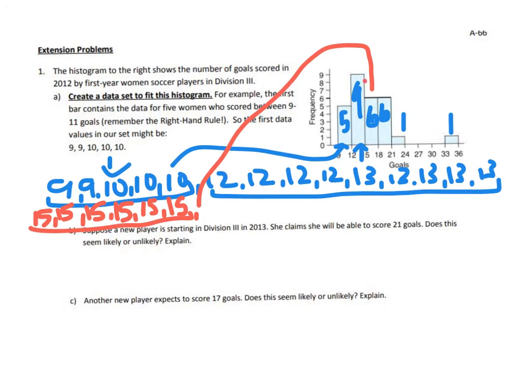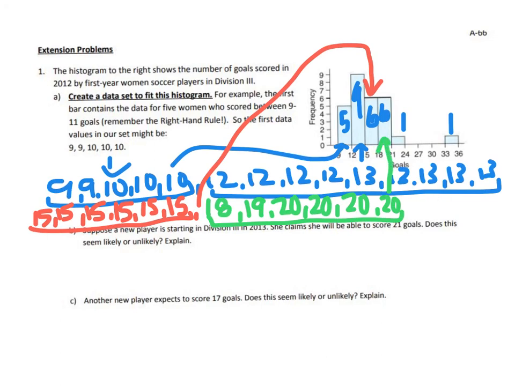That's for this bar. And then in the 18 to 20 range, I could make 1 18. Then I could have a 19. I could have a 20, a 20, a 20. 1, 2, 3, 4, 5, 6. That could be this bar.